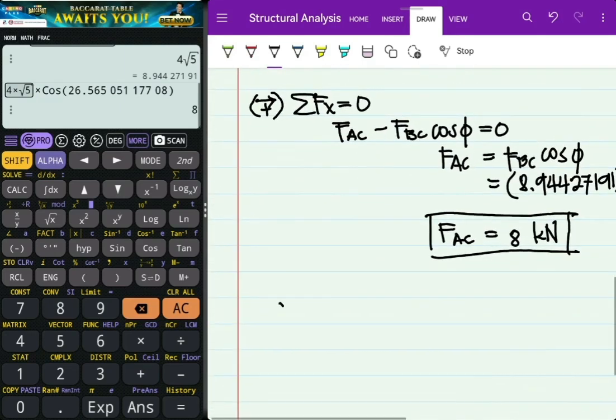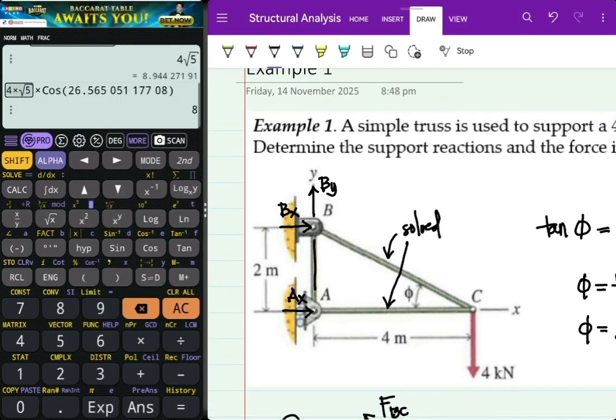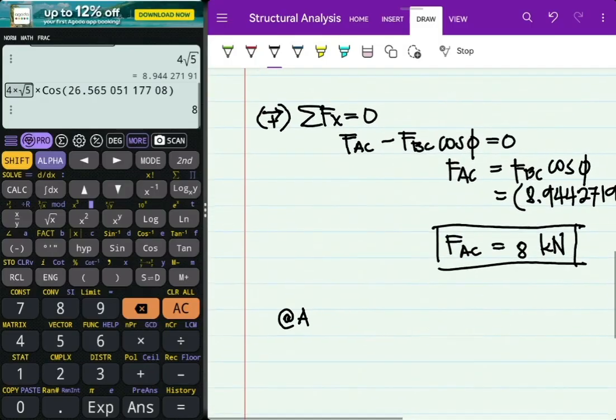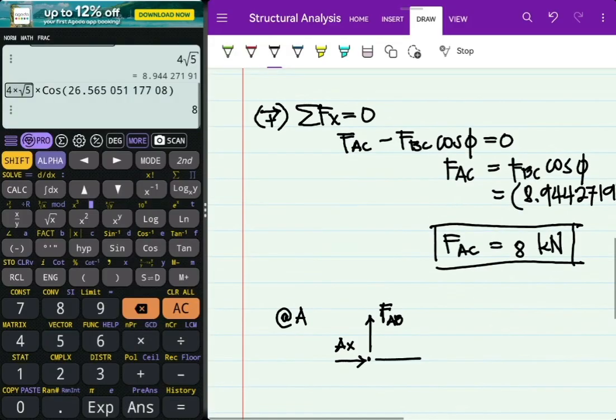So at A, this is AC, AB, and AX. We assume this is the direction of AX. We also assume that this is the direction of force AB, and then for AC, not assumed, because we're able to get AC.